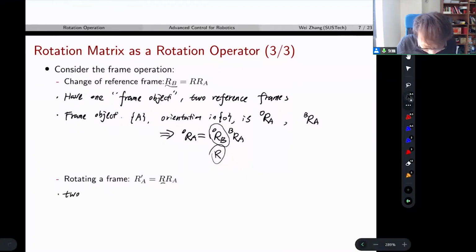Similarly, we have two frame objects that we care about, and one reference frame.